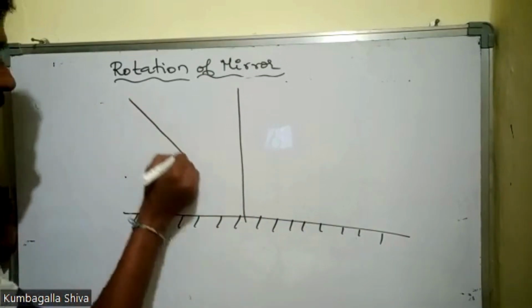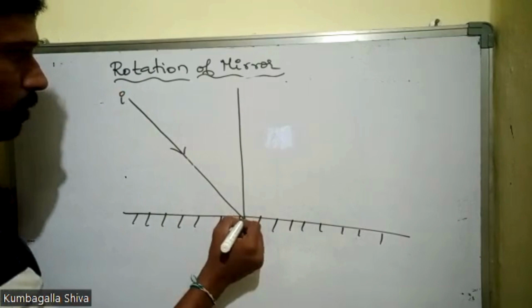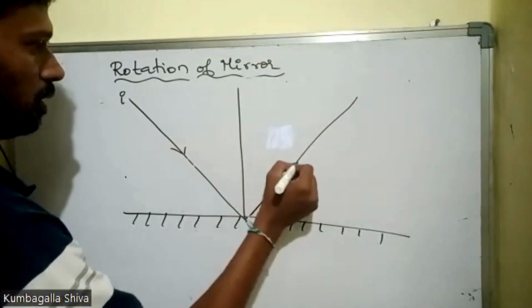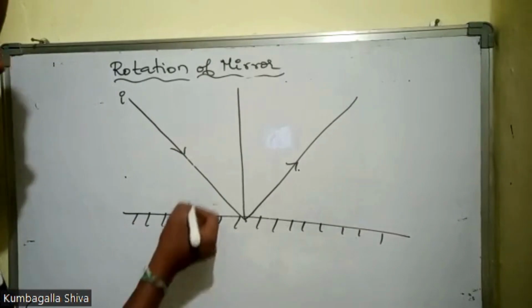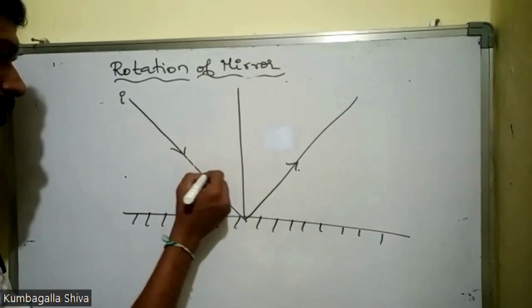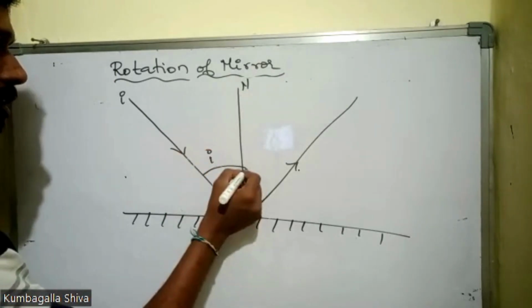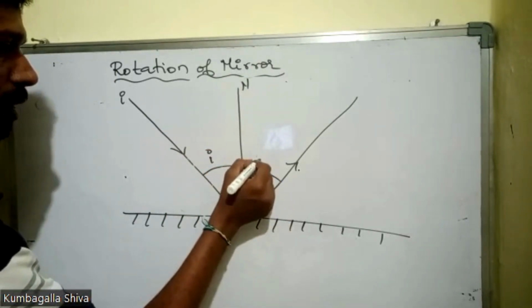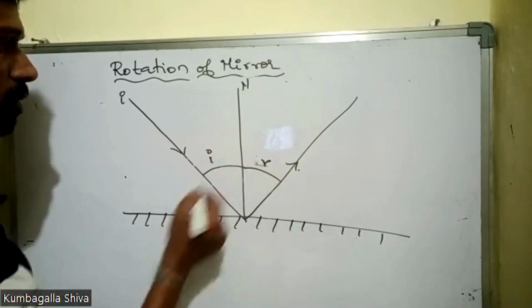And you have an incident ray like this, and you have the reflected ray. This is the incident ray, this is the normal, angle of incidence, and this angle of reflection will also be R. Angle of incidence equals angle of reflection.